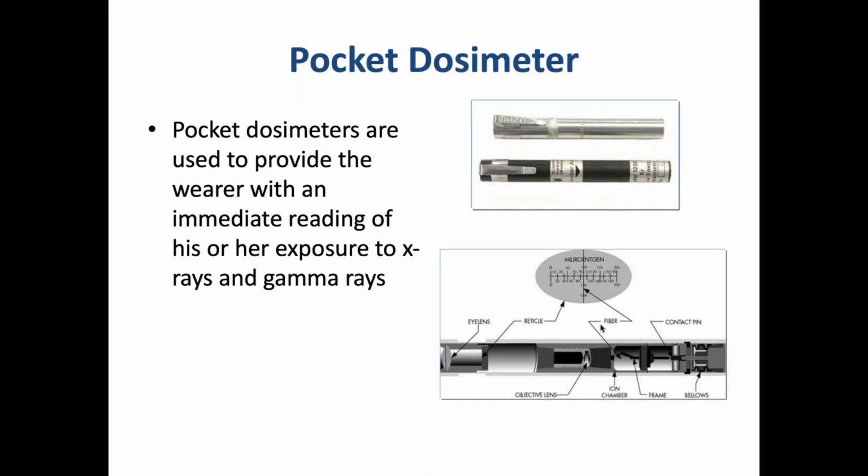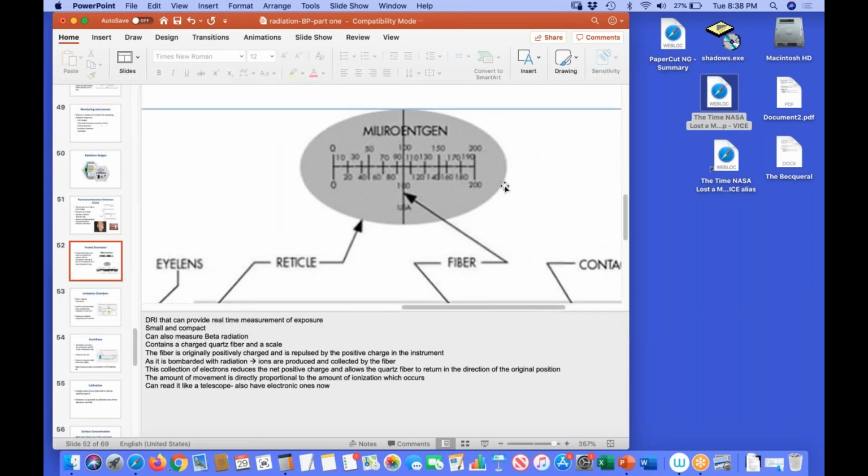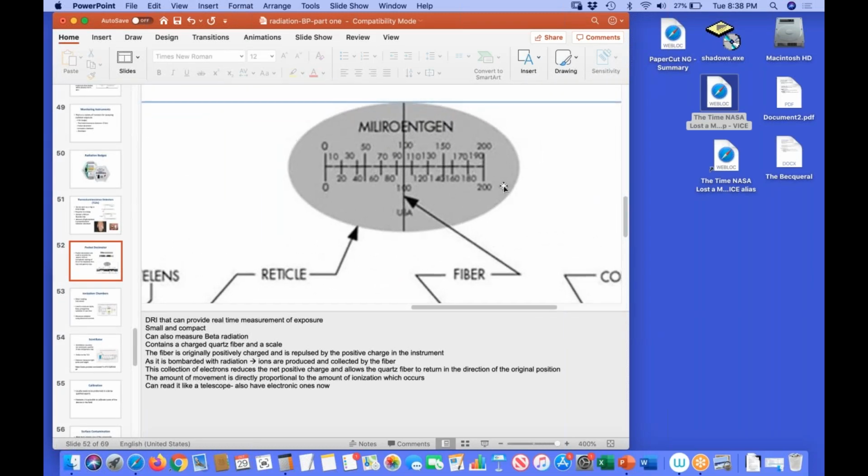When you first set it up, you put it into a charging device, and you look through it, and you see a scale kind of like this. Let me see if I can make that bigger. That's what the scale looks like. And as you charge it, you bring that line back down to the zero.